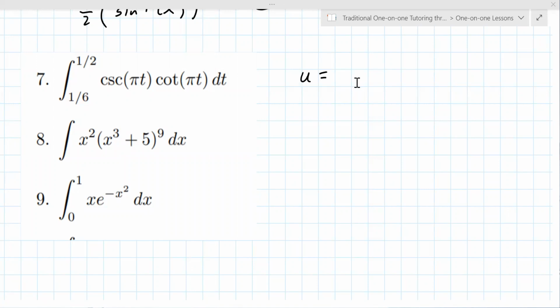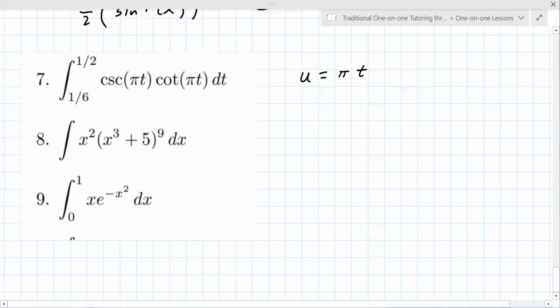The derivative of cosecant is cosecant cotangent. So this one, you were actually right. It actually is pi t. Maybe we should do this one. Okay, yeah, this one's deceptive because the antiderivative of this is just cosecant.